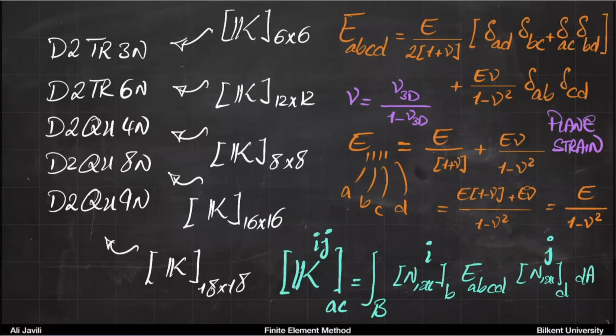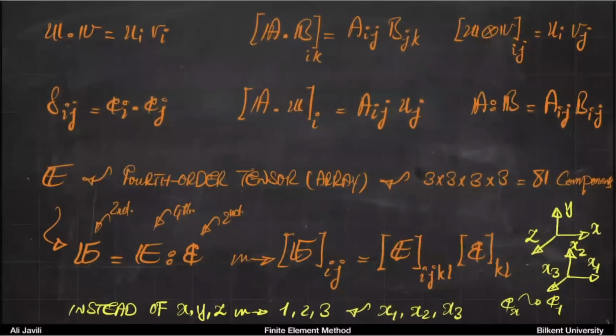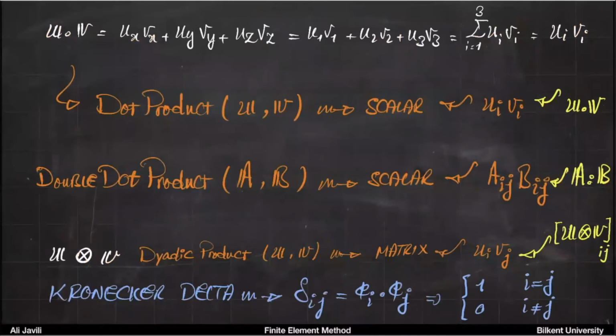Can I ask something? Yes, please. I don't understand why delta is 1 when the directions are equal. This is the definition of the Kronecker delta. So Kronecker delta was this thing that we defined, I think, in the mathematical preliminaries, somewhere here. Yeah, here.